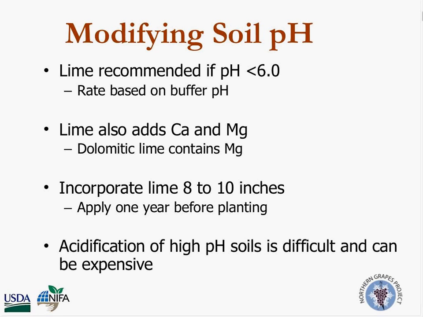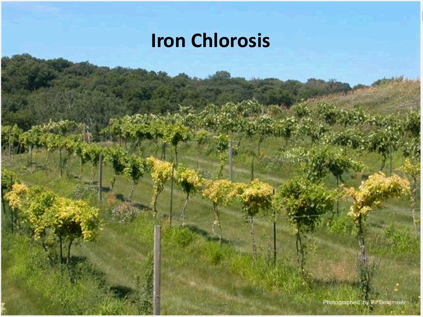If you have very high pH, it's usually in that 7.5 to 8 range, you can run into this yellowing between the veins. Generally, the plant loses vigor and does not grow very well. This is due to an iron availability problem. Generally, your soils have plenty of iron, but that high pH limits availability.